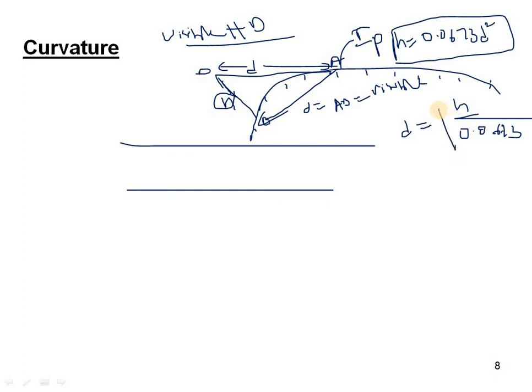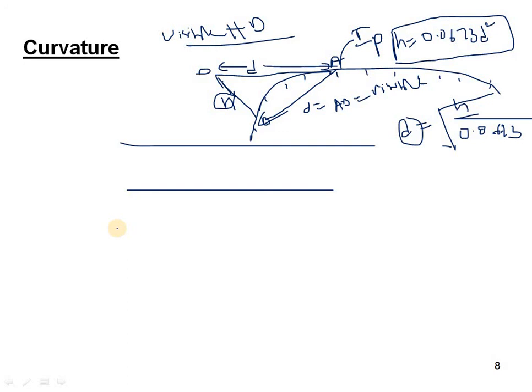So we can now get small d, which is nothing but the AB distance, the visible distance. We will call it the visible horizontal distance. In these cases, curvature, refraction, combined correction and visible horizontal distance will be applicable.